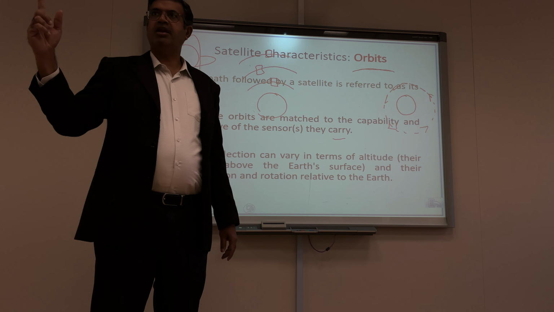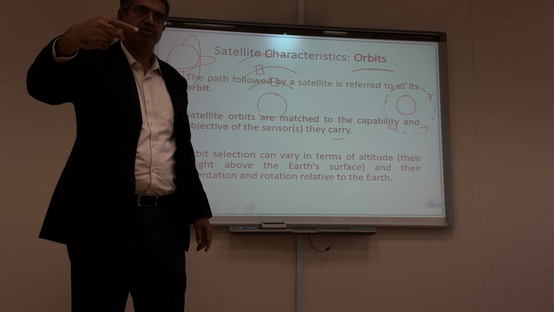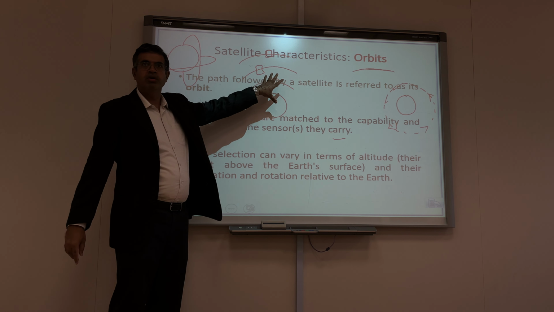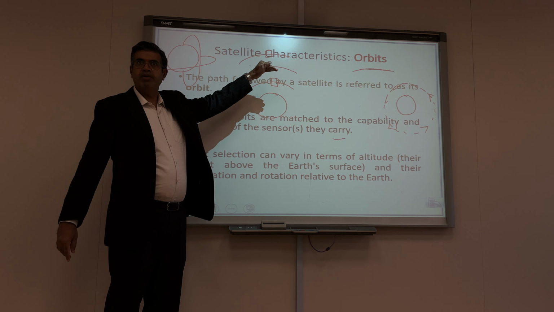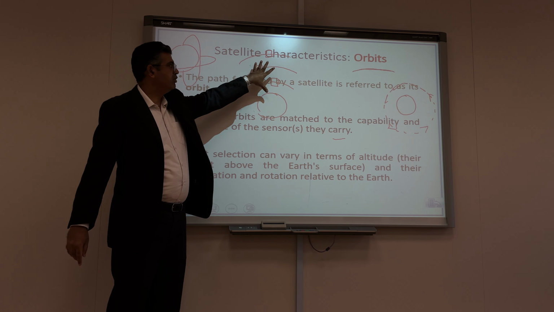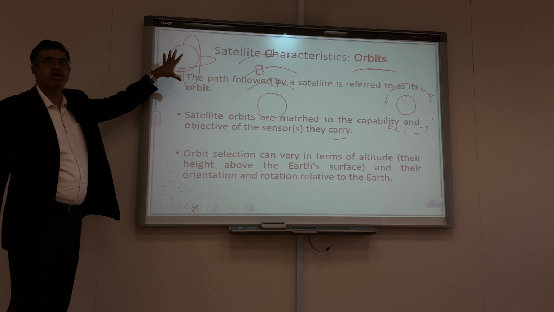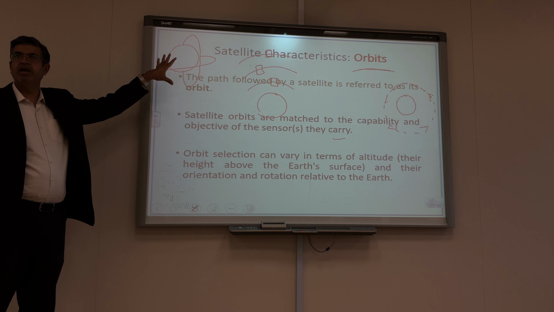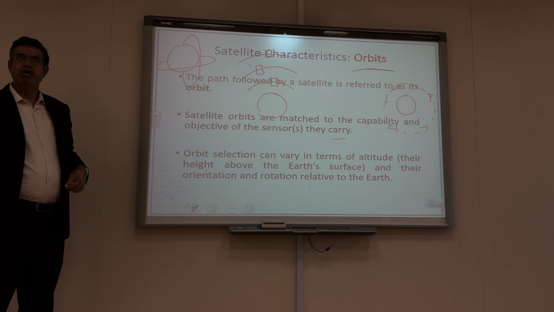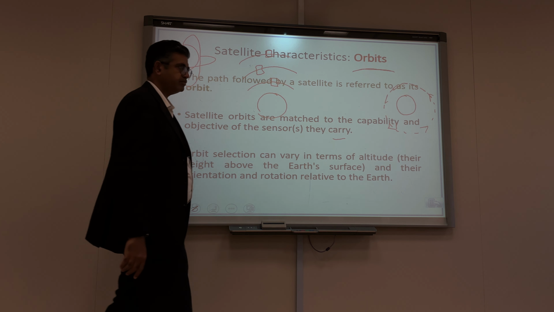So one way of classifying satellite orbits is based on altitude, how high the satellite is situated, and the second way is with respect to orientation, whether the movement is pole to pole or east to west along the equator.